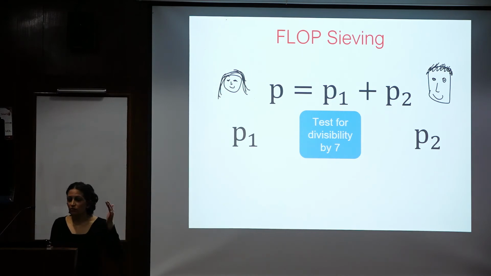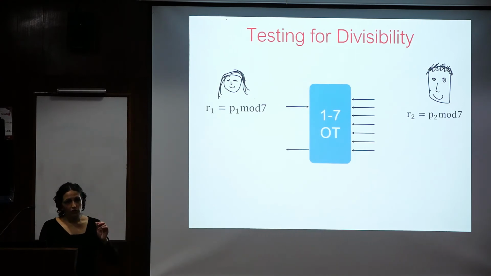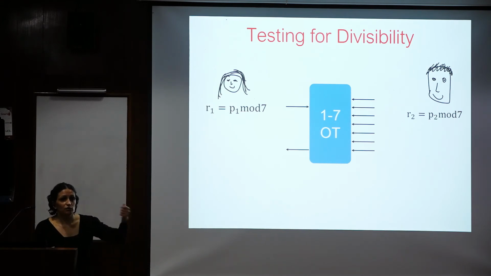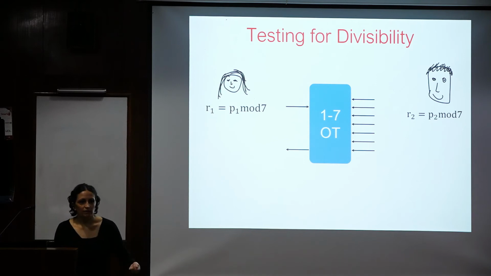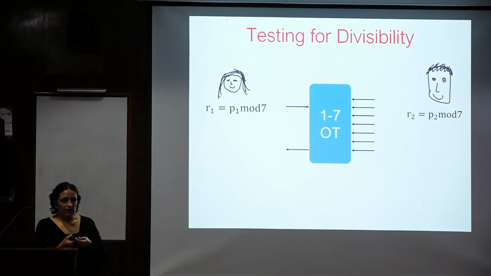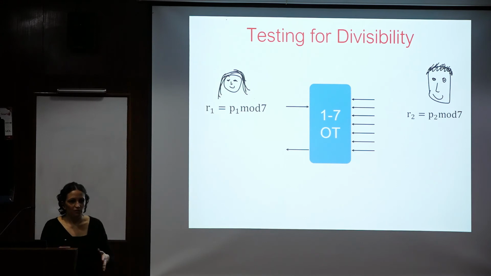So you use a 1 out of 7 OT, and basically you reduce to random OT, where each value is translated to some other random value in this domain. If you run the OT, what's left to check is whether the addition of these two random values is equal, modulo 7. That's basically what you want to do.